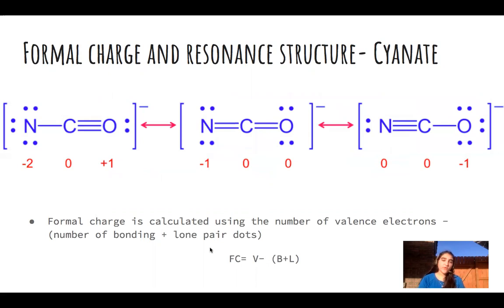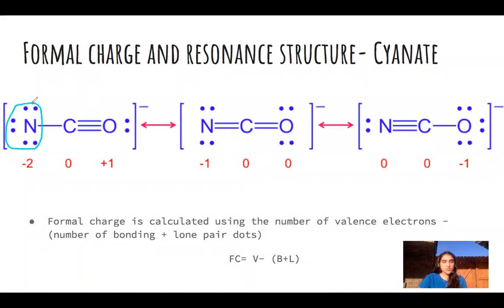One way, as I said before, is by doing 1/2 of the bonding electrons plus lone pair electrons and subtracting that from valence electrons. Another way we can do that is just by doing the valence electrons minus the bond pairs. It's just another way of saying it, besides imagining the dots and splitting that in half, by just seeing the lines and counting those as 1. So what I mean by that is, let's take this nitrogen here, for example.